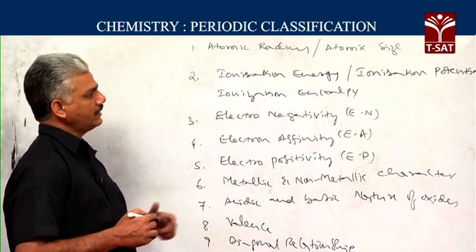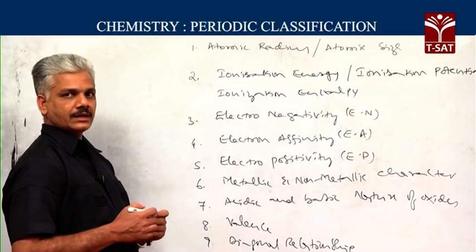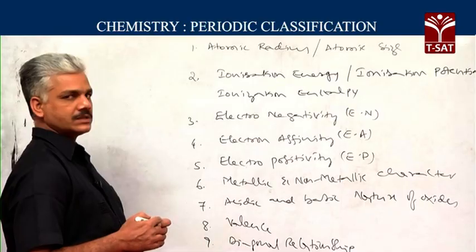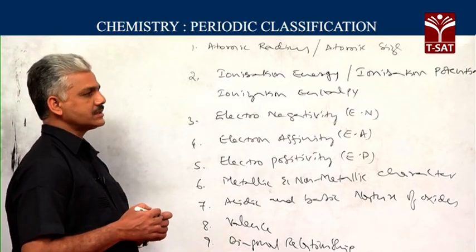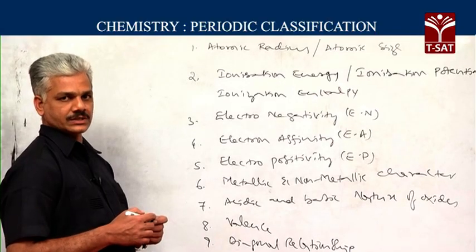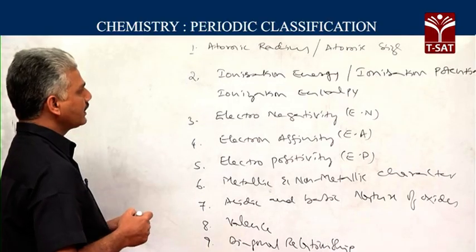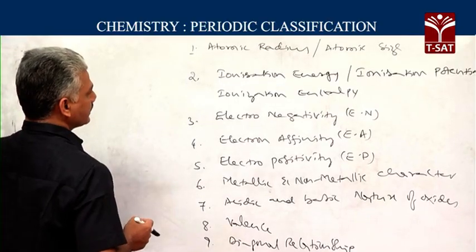Now we have to see in detail about these periodic properties, how they change along a period, how they change along a group, and what is the reason for such variations. Let us begin with the first property, atomic radius or atomic size.